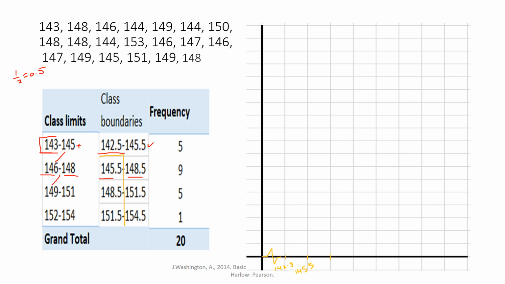Another boundary is 148.5. Then 151.5 and 154.5. First frequency 5: 1, 2, 3, 4 and 5.